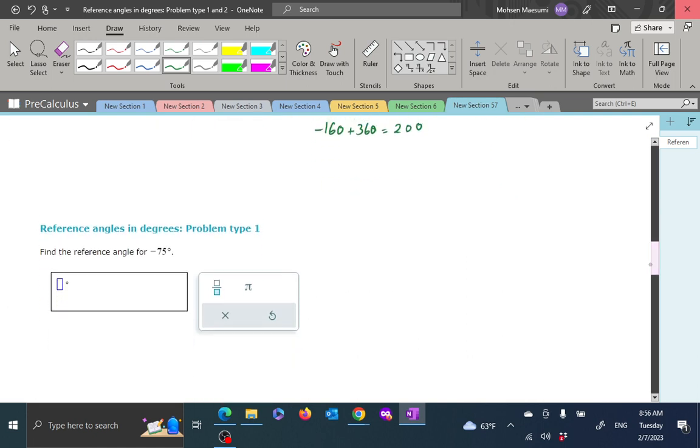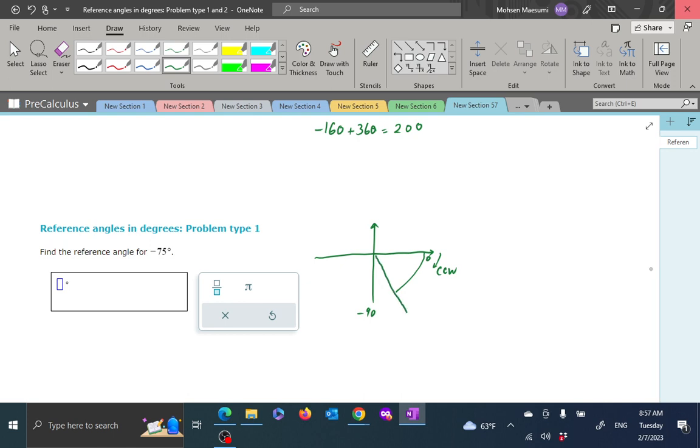Let's try another one. Minus 75 degrees. I am going in what direction? I'm going in the clockwise direction, so, well, remember, 0 and minus 90. We don't even make it to the vertical line. We're just stopping very short. It's minus 75 degrees. Well, we are always interested in the positive angle between the terminal side and the horizontal line.